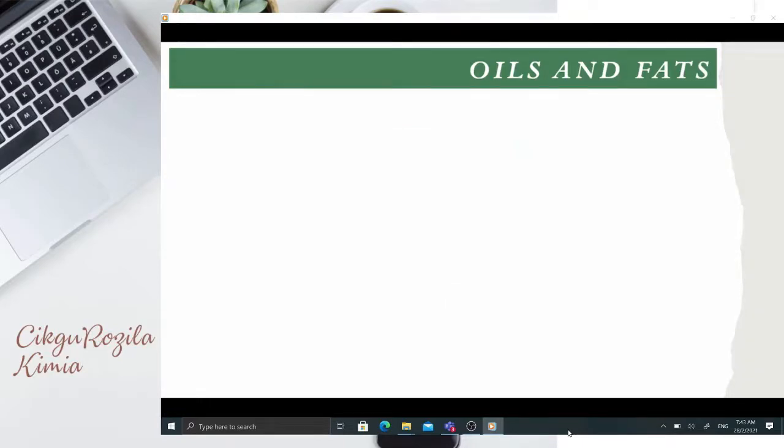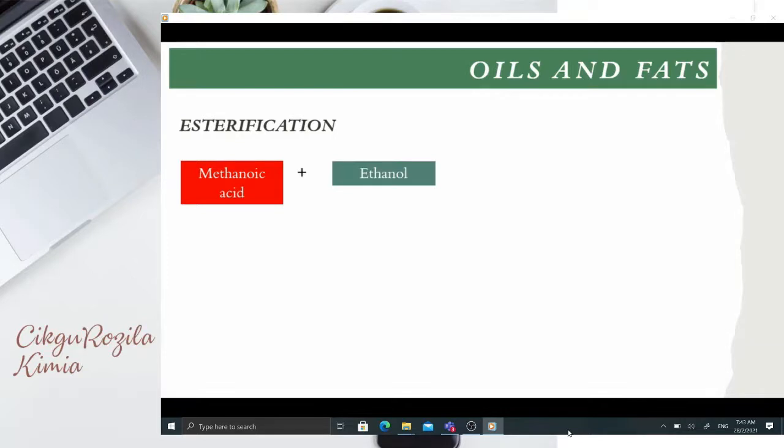Do you still remember the ester that I mentioned in the last topic? We have learned that esterification is between methanoic acid from the carboxylic acid group reacting with ethanol from the alcohol group to produce an ester, which is ethyl methanoate, and a molecule of water.